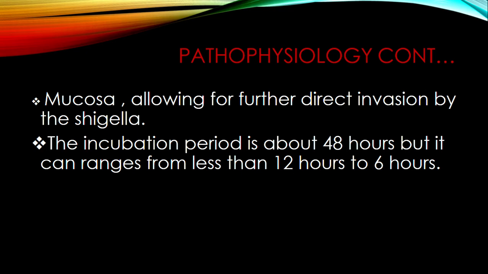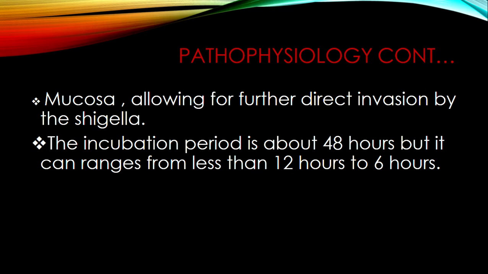Now the Shigella is free to attack the body tissues, because there's injury and inflammation taking place. Now the bacteria are multiplying, and there's severe damage happening to the body tissues.